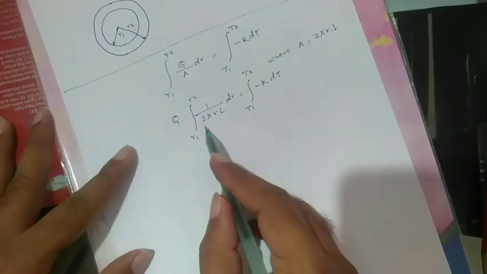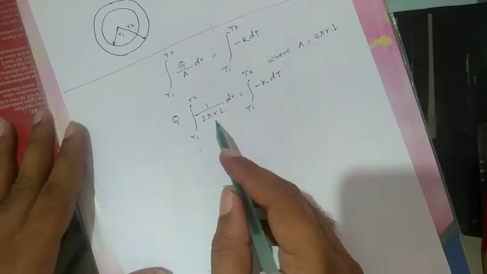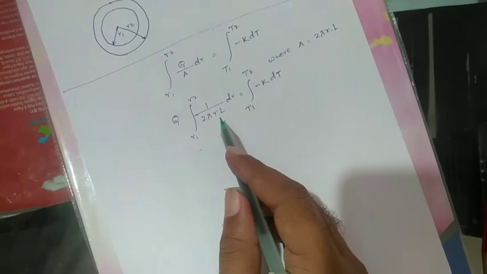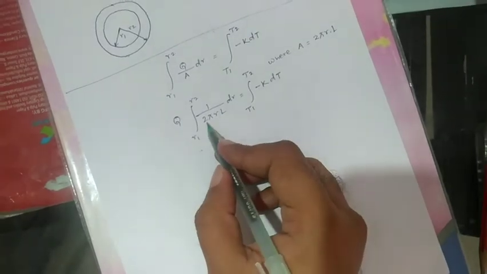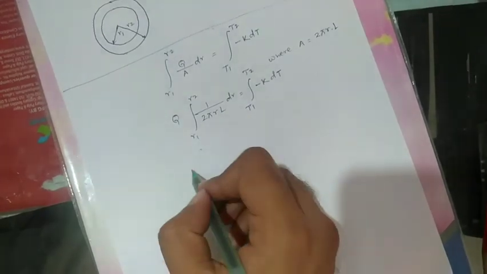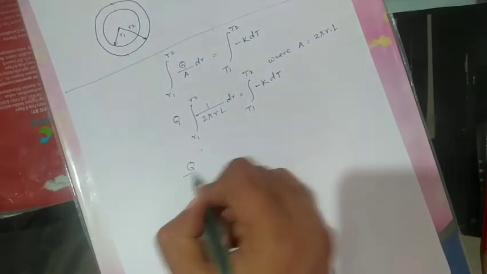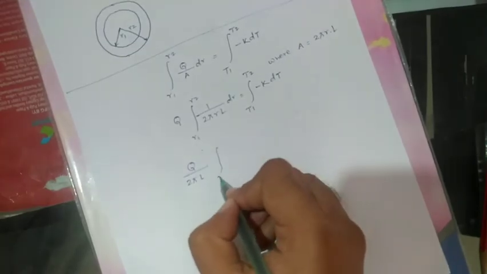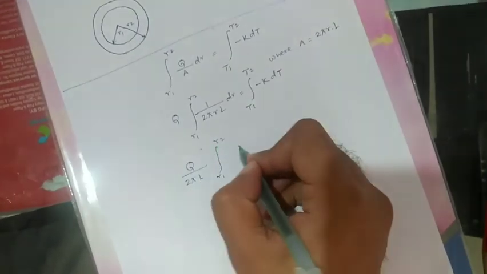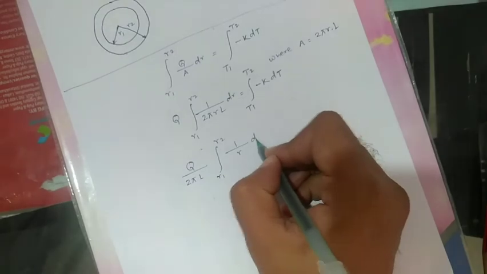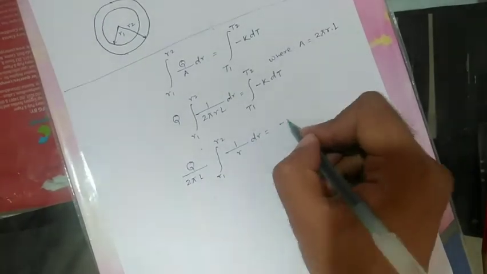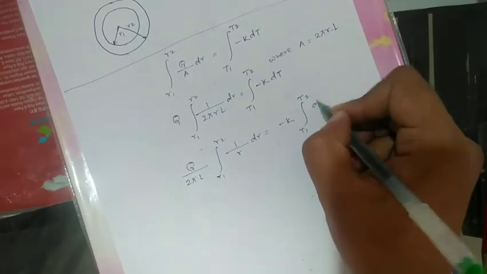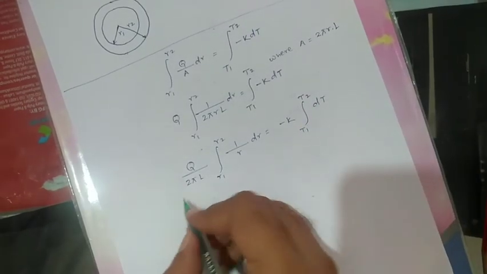Taking out the constant 2 pi L again, since we have considered L to be a limited length for a hollow cylinder, we take 2 pi L outside. So you have Q upon 2 pi L times the integration from R1 to R2 of 1 upon r dr, equal to minus K outside, integration from T1 to T2 of dt.